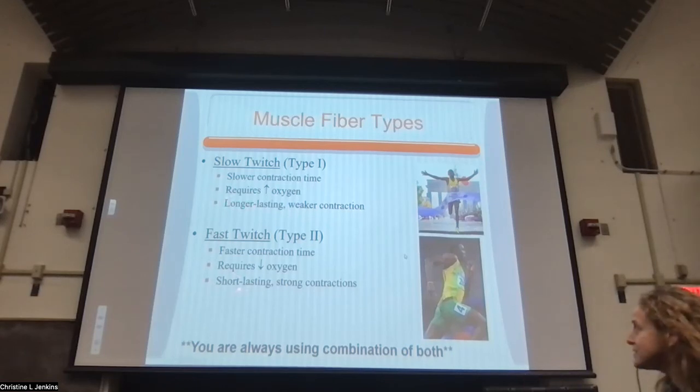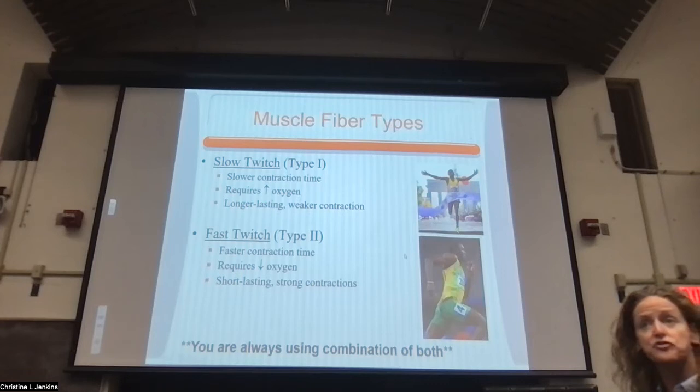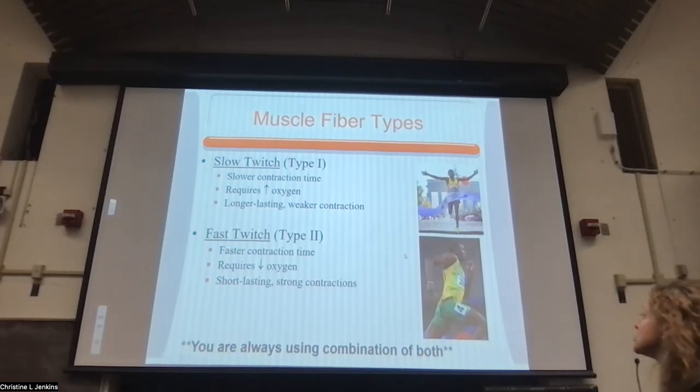On the other hand, the opposite, a fast twitch muscle fiber is a little bit more geared towards strong contractions, but if they're stronger, they can't stay contracted as long. A sprinter is going to be utilizing more of their type 2 fast twitch. Strong contractions, but it cannot stay contracted for as long. You ultimately have both.